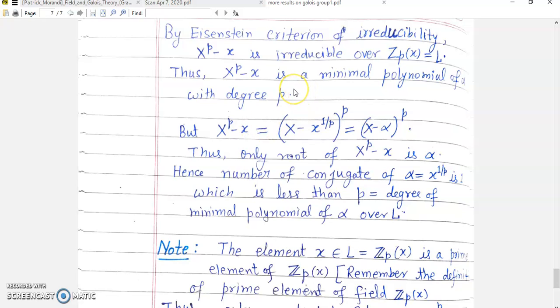So this is an example of a field extension in which an algebraic element alpha has only one conjugate, while the degree of its minimal polynomial is p. So this is an example where the number of conjugates of alpha is less than the degree of its minimal polynomial.